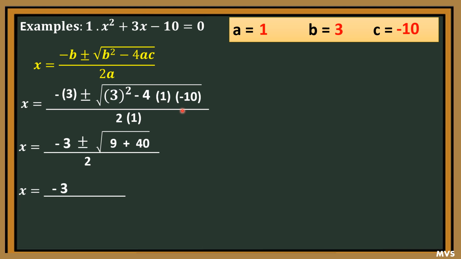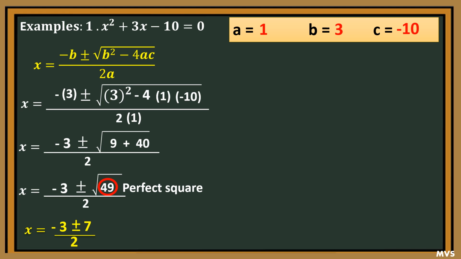Next, x is equal to negative 3 plus or minus the square root of 49 all over 2. Since 49 is a perfect square, we can simplify it. x is equal to negative 3 plus or minus the square root of 49, which is 7, all over 2.